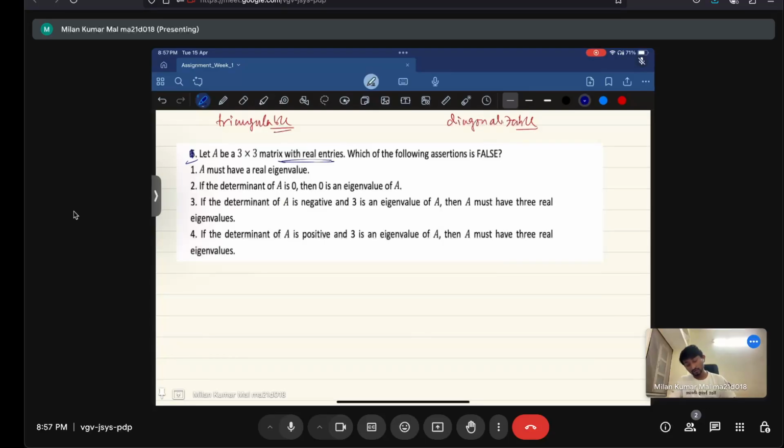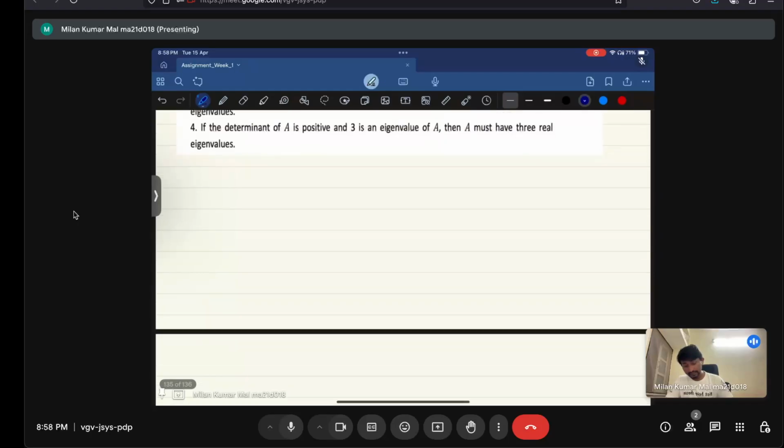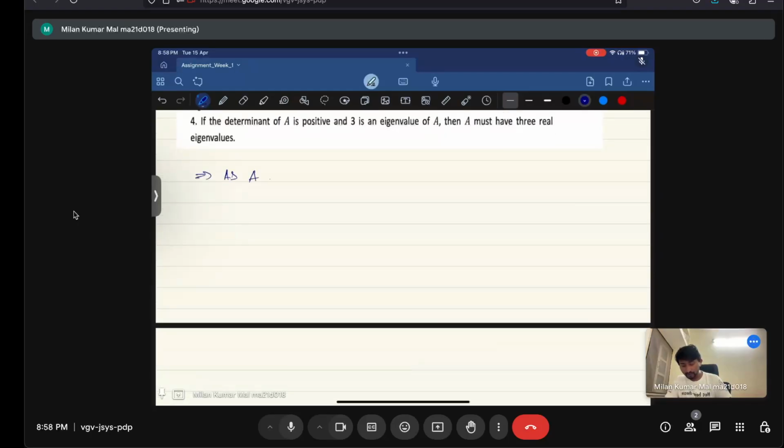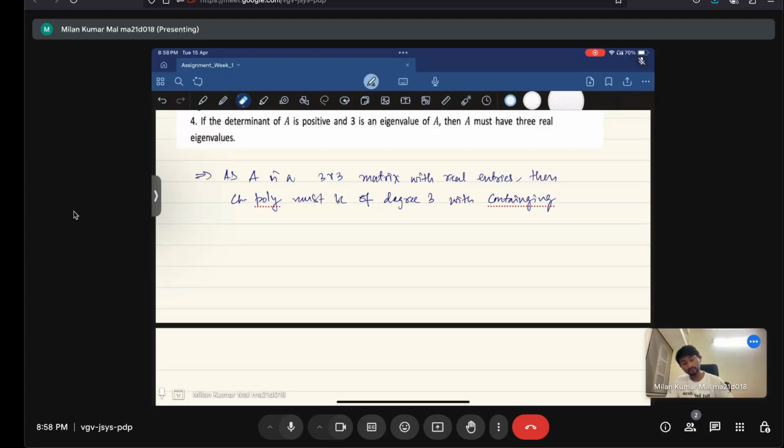This is interesting. So we know, as A is a 3 by 3 matrix with real entries, the characteristic polynomial must be of degree 3 with real coefficients.